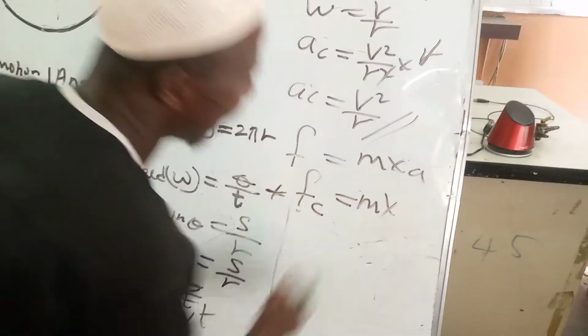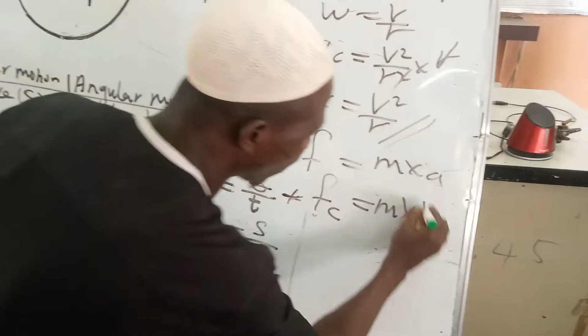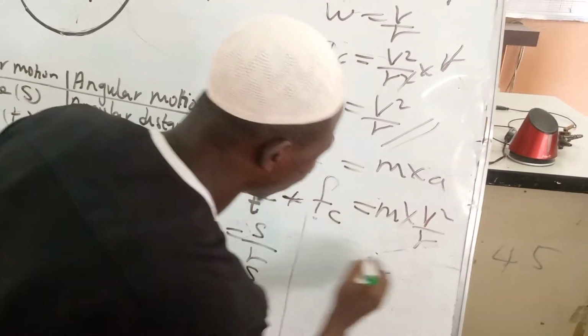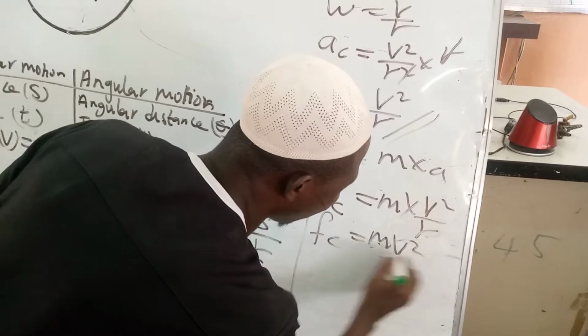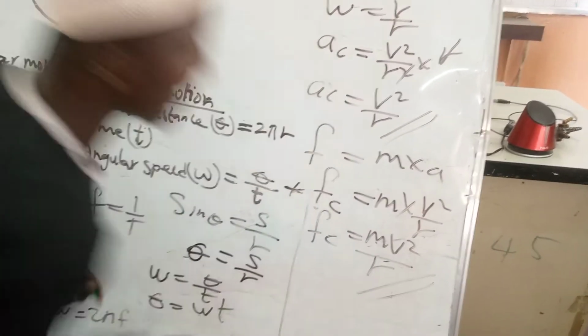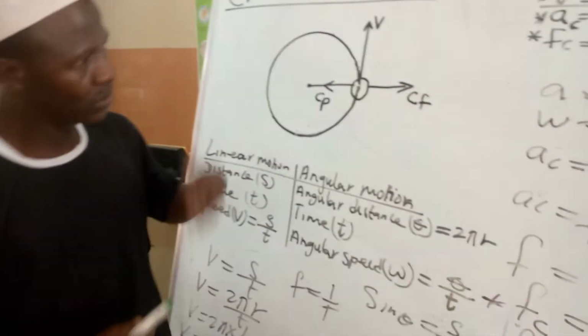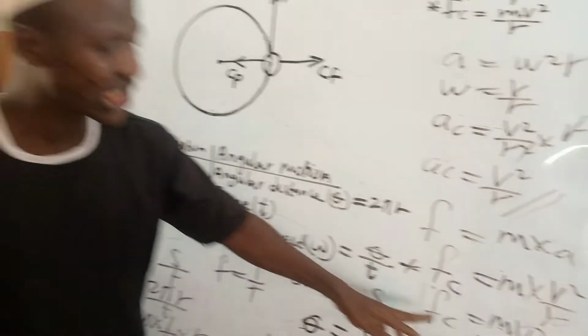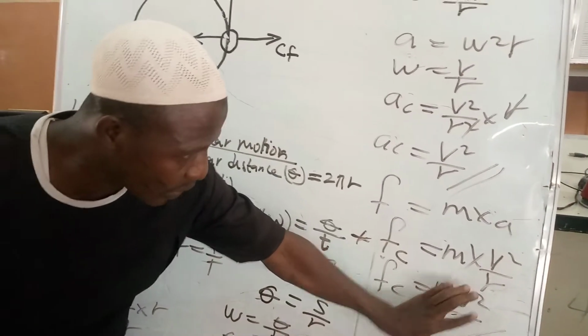You change your linear acceleration to centripetal acceleration, which gives v squared over r. Therefore, centripetal force is equal to mv squared over r. So this is how to derive centripetal force. When you are asked to calculate centripetal force or centrifugal force, it's this same formula you are going to apply to get your correct answer.